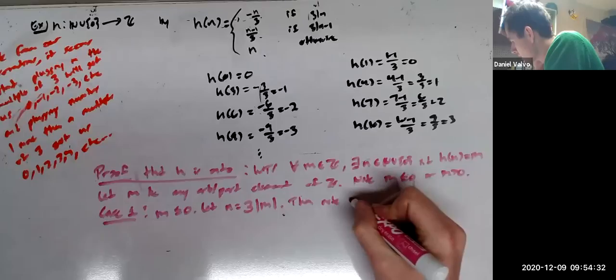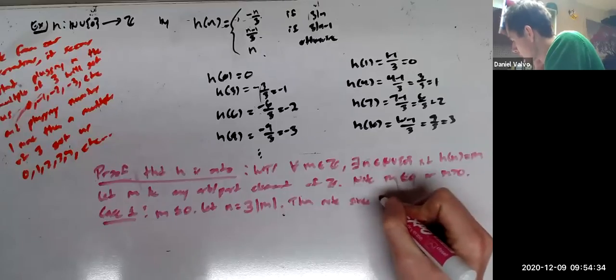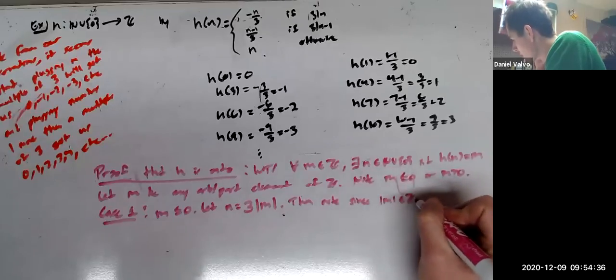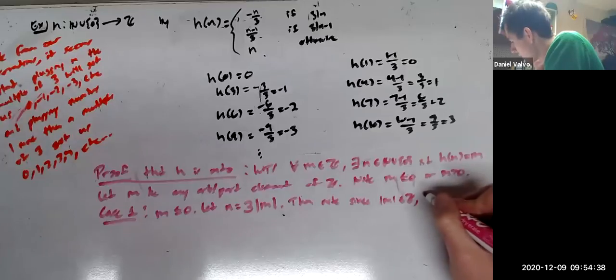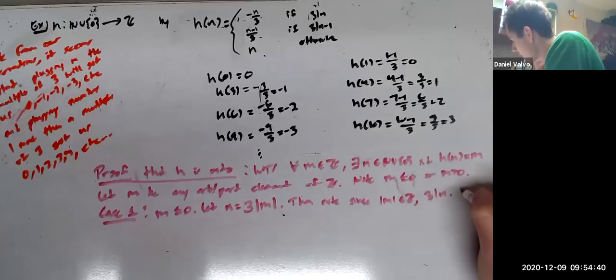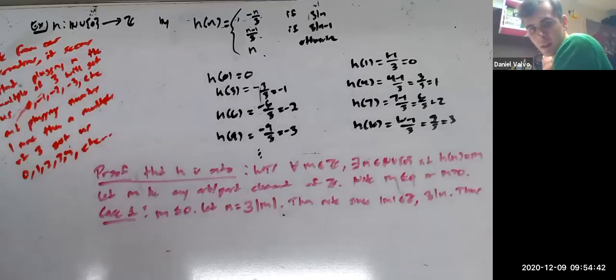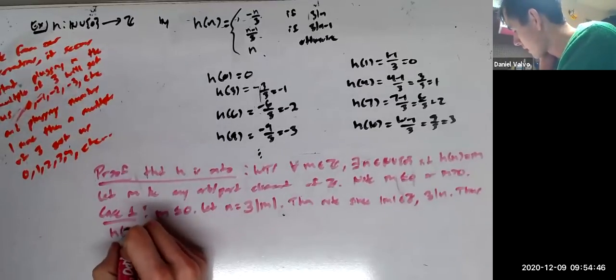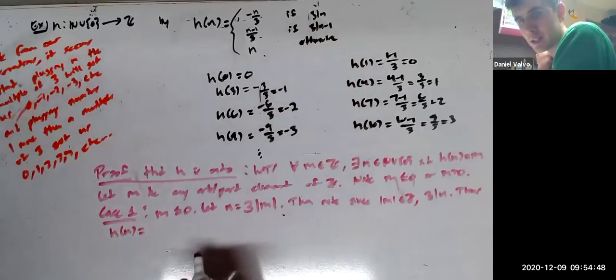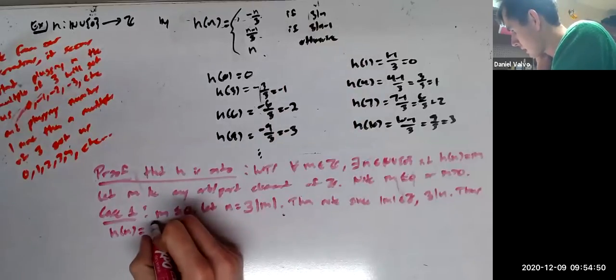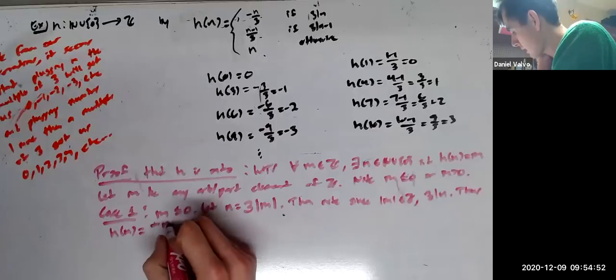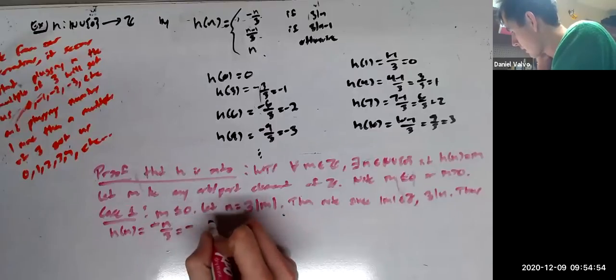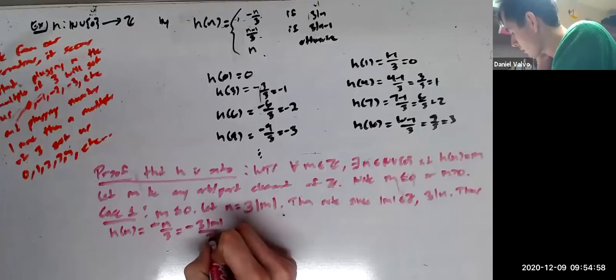Then note, since the absolute value of m is certainly in Z, 3 divides n. Thus, h of n, in this case for 3 divides n, will get us negative n over 3, which is negative 3 times the absolute value of m over 3.